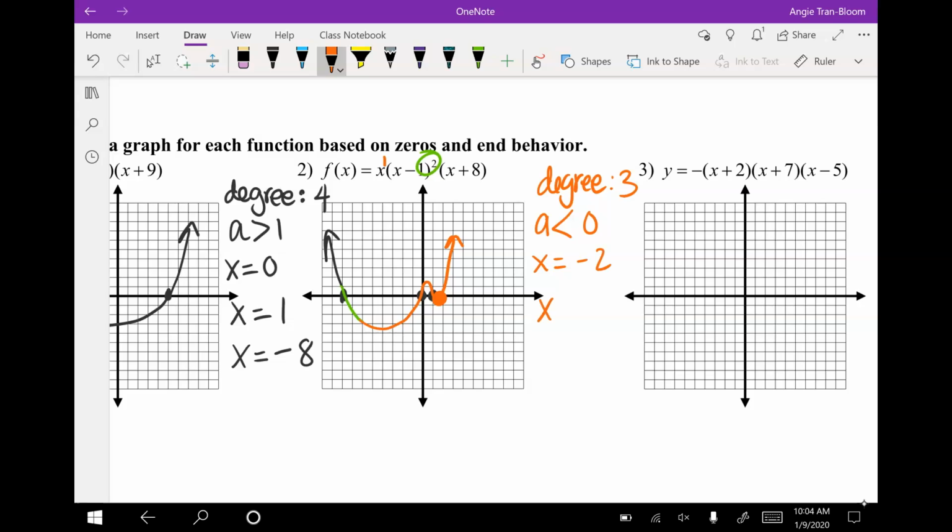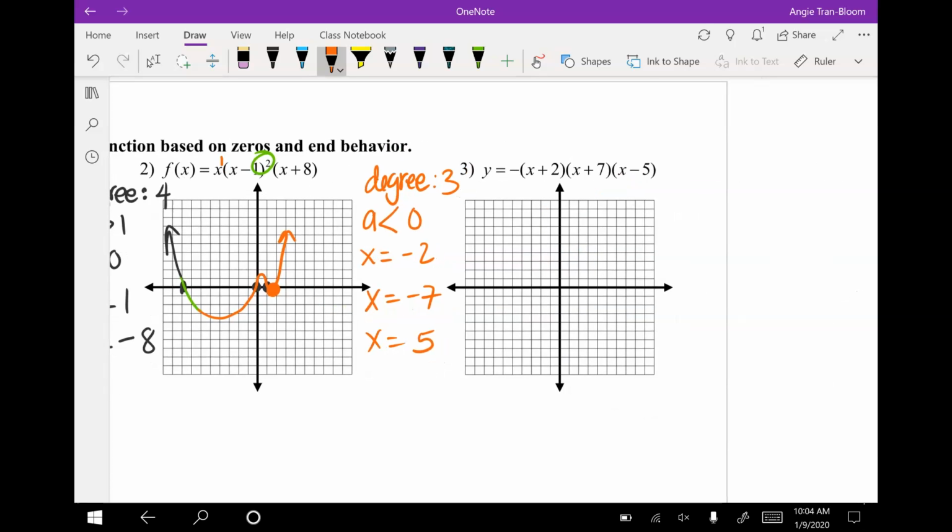What's your first root? Negative 2. What's your root number 2? What's your third root? 5. Okay, go ahead and plot the roots. Now we're going to do the end behavior. If it's a cubic and it's a negative A, would you agree that it looks like this?